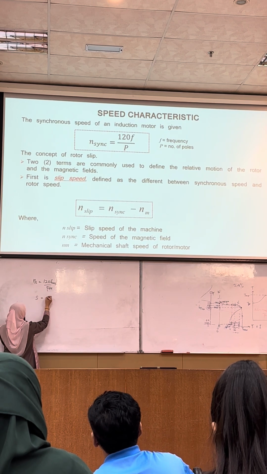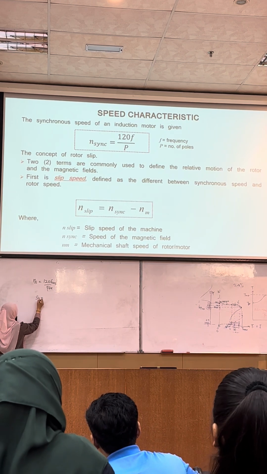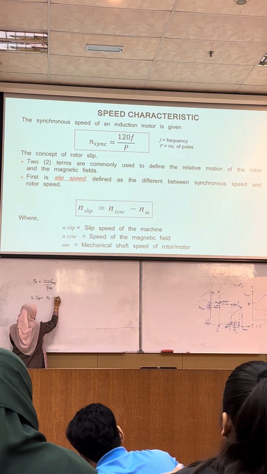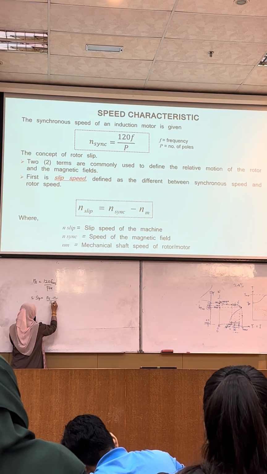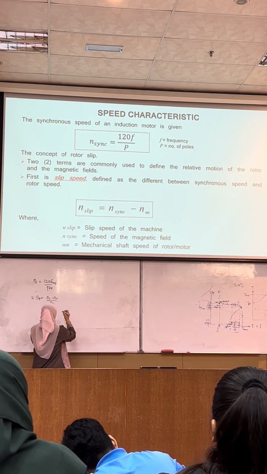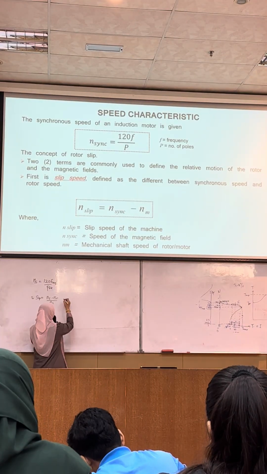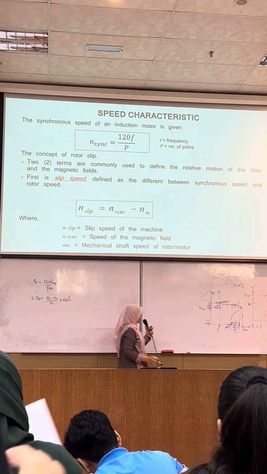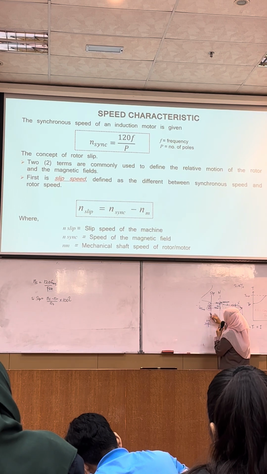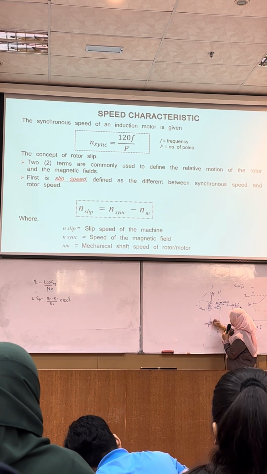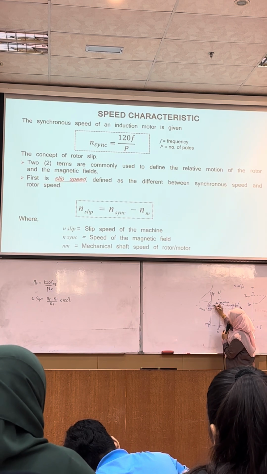Slip is NS minus NR over NS. Times 100, it's in percentage. Dua scale: 0% to 100%, ataupun 0.02, 0.08, 1.